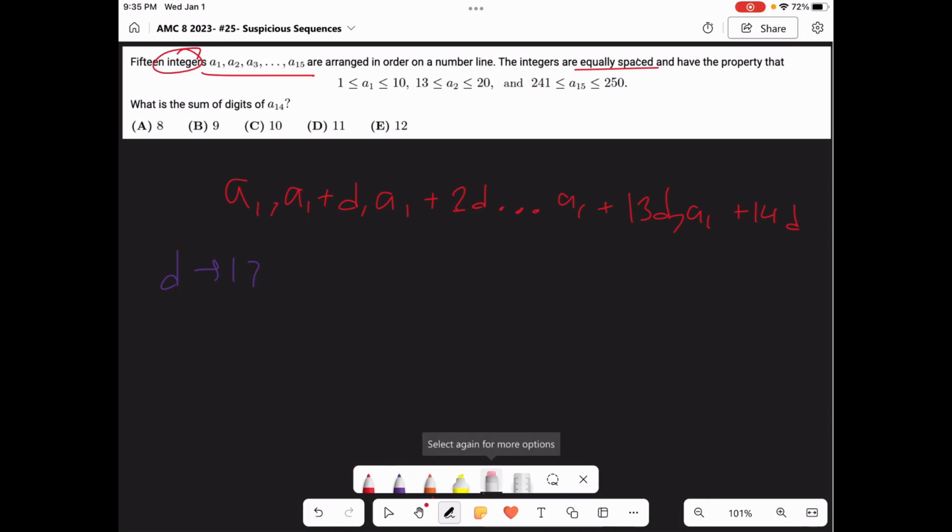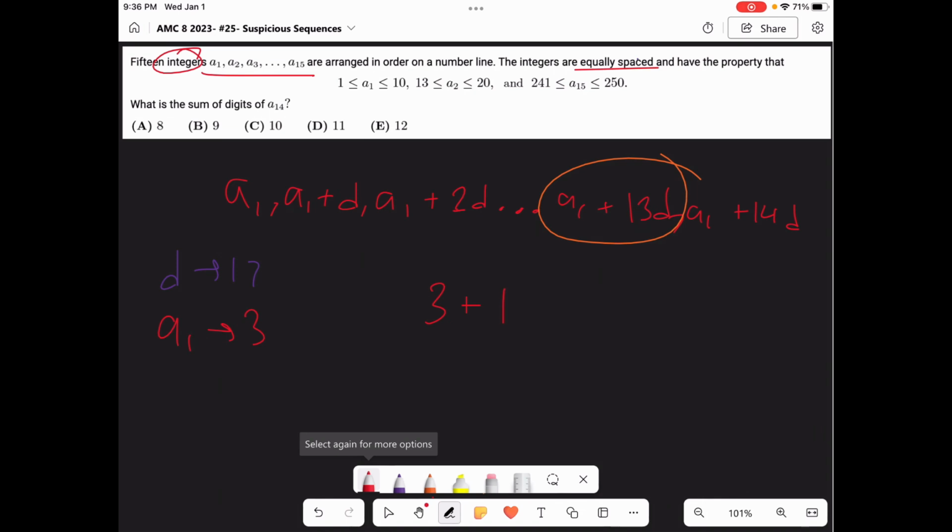Just like that, we found A1. A1 is 3. And now we can directly find A14. We don't even need A15 anymore. So what is A14? It's A1 plus 13D. So A1 is going to be 3 plus 13 times 17.